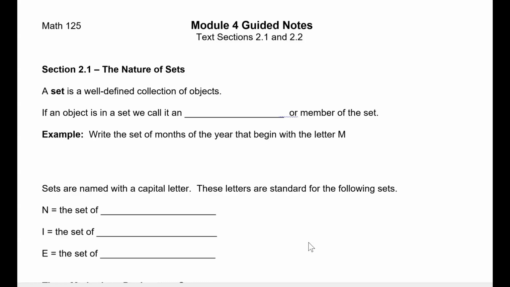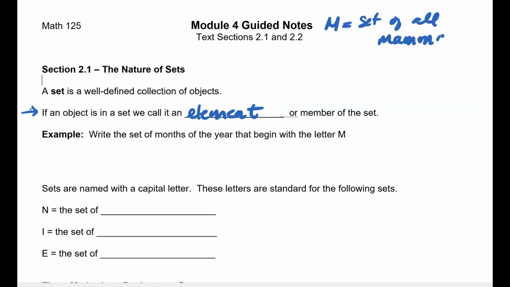Right here, if an object is in a set, we call it an element or member of the set. For example, let's say that M stands for the set of all mammals. Similar to what I was just talking about.